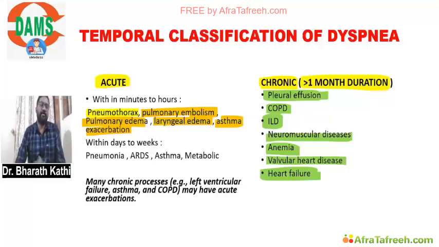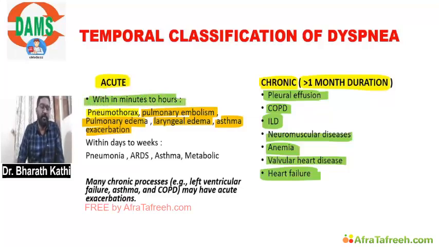In acute, you should know what conditions cause breathlessness in minutes to hours. Apart from pneumothorax, always keep in mind pulmonary embolism, pulmonary edema, heart failure. When a patient is very sick with breathlessness, think of pneumothorax, pulmonary embolism, pulmonary edema, laryngeal edema.